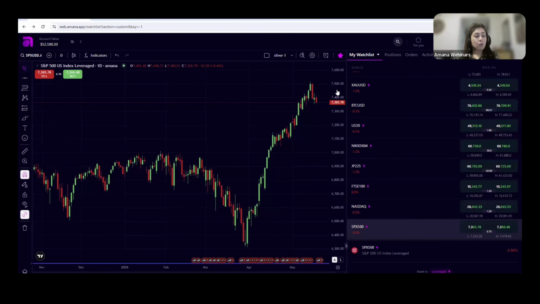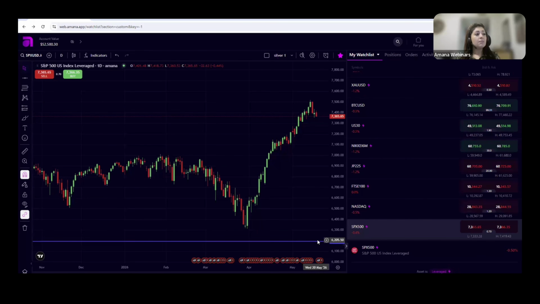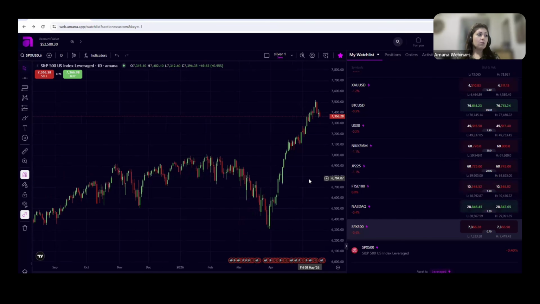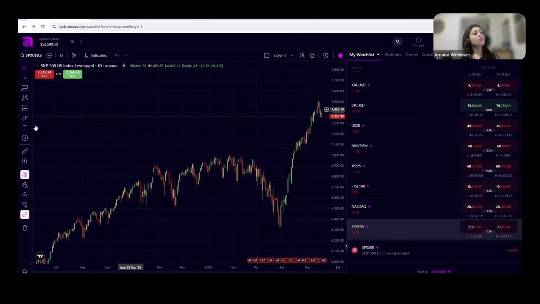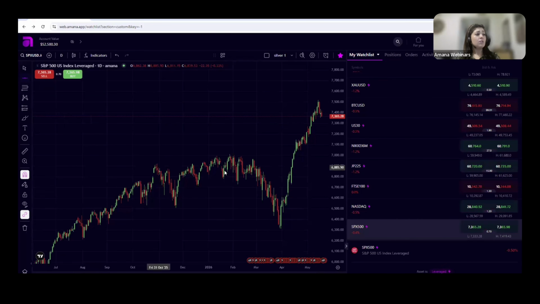Now, there are two ways of understanding that. The first is simple support and resistances. So for drawing simple support and resistances, I stick to the daily and the weekly time frame. Sometimes it's easier to draw it on the weekly, but you can also draw it on the daily. I'm zooming this chart out, and if you look at this, the previous high the market formed, one ideal scenario would be that the market retraces all the way downwards to around these levels.